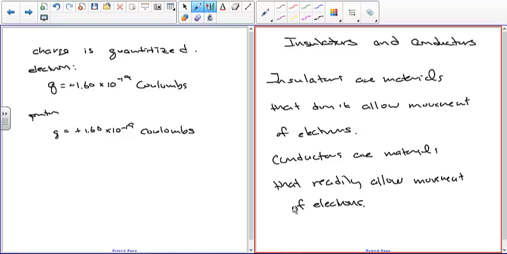So it's the extra electron, but it's also the way that the material is formed into a solid, because typically conductors don't have to be solids, but a lot of times they are. Okay, so we have insulators and conductors. It just relates to how well the electrons can move through the material.